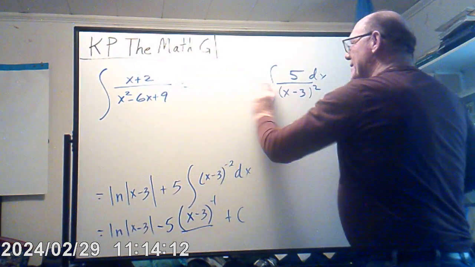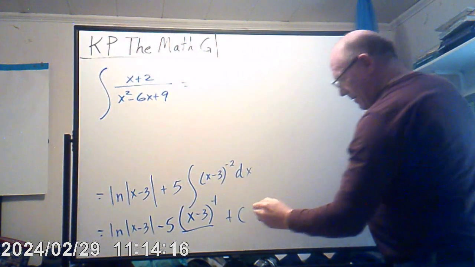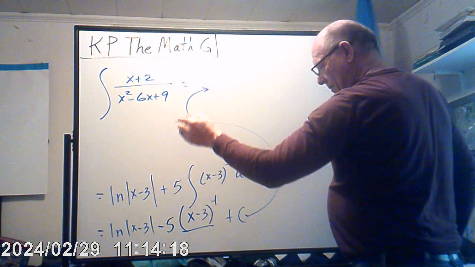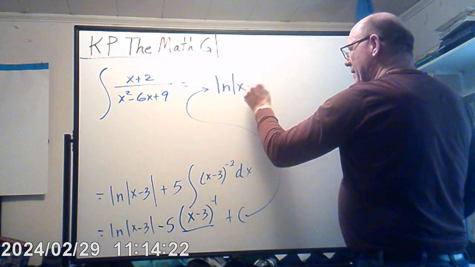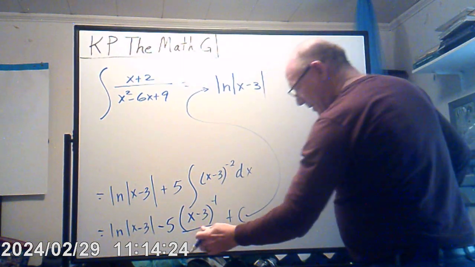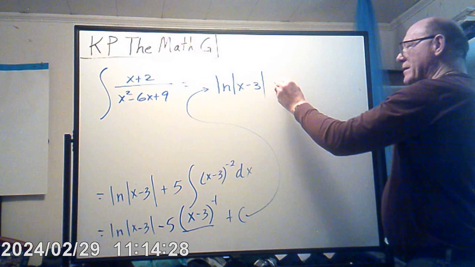Alright, I'm just going to put it up here now. So really this is equal to ln x minus 3. Now remember, this was plus 5, but I had a negative 1 down here, so that's minus 5 now.